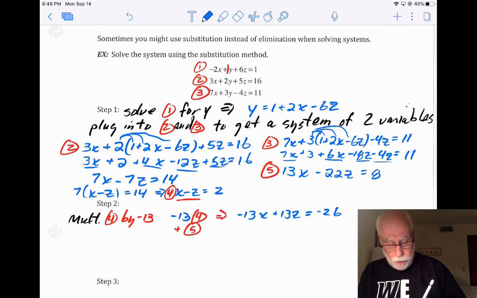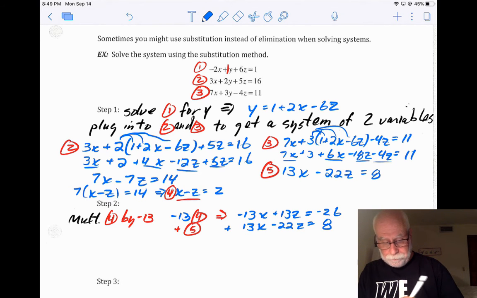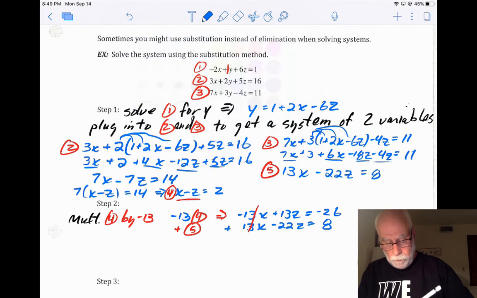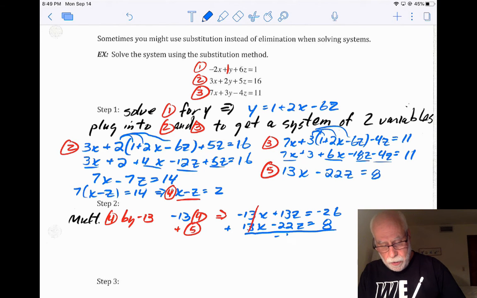Then the second one stays the same: 13x minus 22z is equal to 8. Now if we look, the x's are going to go away, so I'll get negative 9z is equal to negative 18.